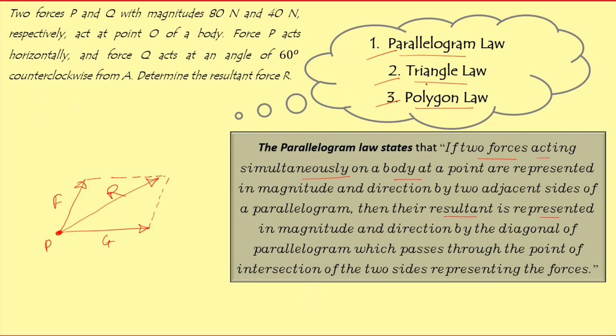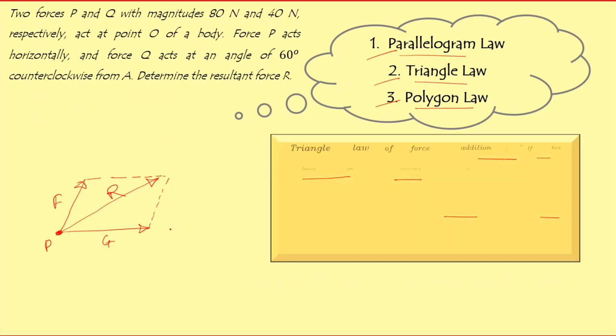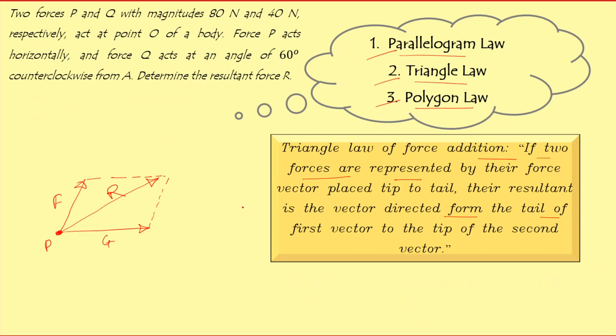Another law is the triangle law, which is sometimes also known as a corollary of the parallelogram law. It states that if two vectors like F and G are represented in the form of two sides of a triangle, then the closing side of the triangle becomes the resultant.